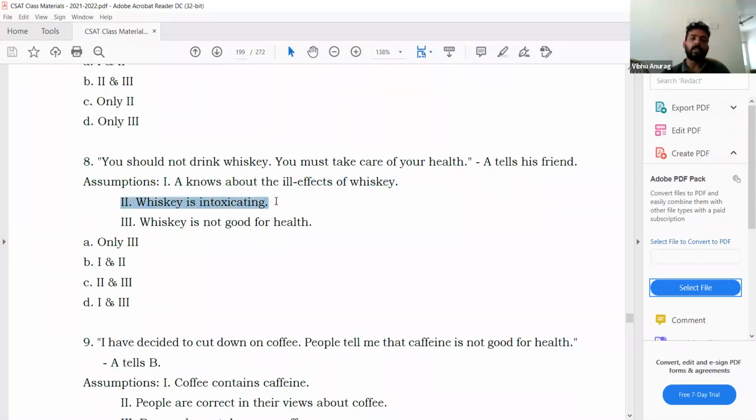Second one, whiskey is intoxicating. Now we have no way of knowing whether A believes that whiskey is intoxicating. So wrong. Third one, whiskey is not good for health. Yes, he believes that because he's telling his friend don't drink whiskey because you should take care of your health. So he believes that it's bad for health. So 1 and 3. Option D is the answer. For question number 8, it's D. 1 and 3.